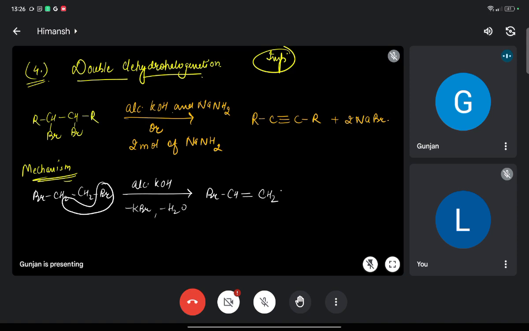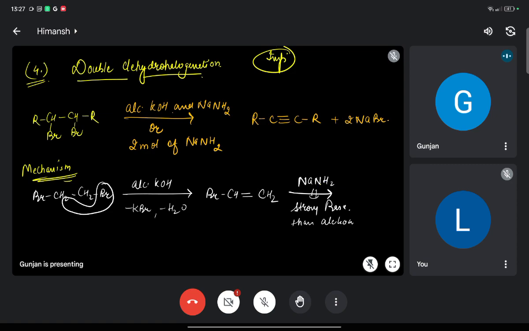Now we require NaNH2. See, NaNH2 is a very strong base, stronger than alcoholic KOH. That is the reason we can easily remove this out. Got it or no?